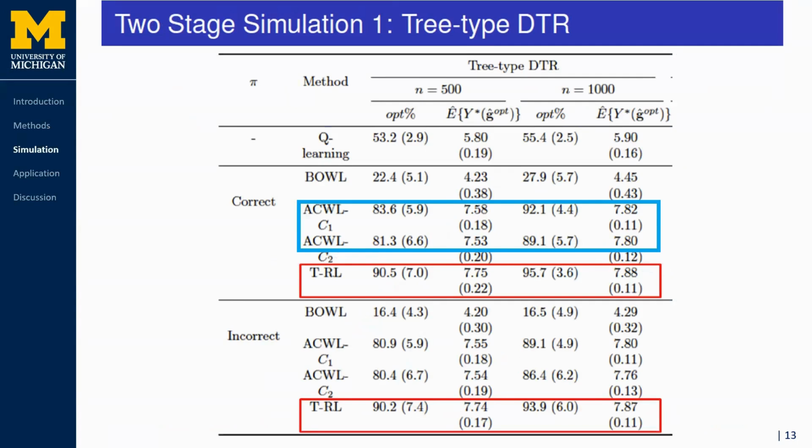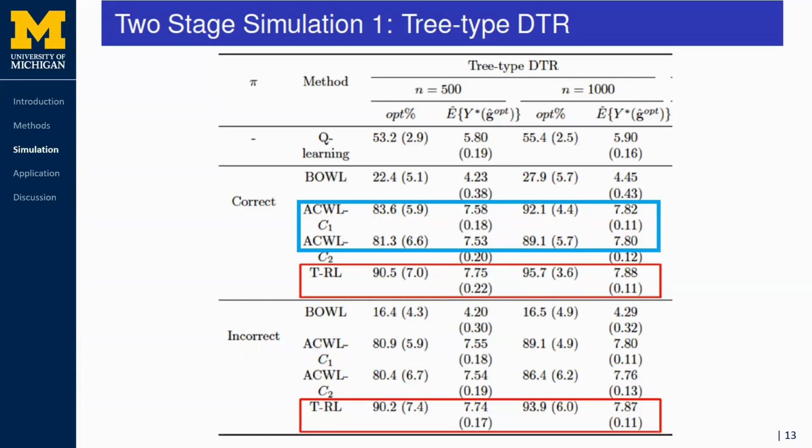Okay, so here are some simulations. The first simulation setup is where the underlying decision rule is tree type. And we found that the tree-based reinforcement learning performed really well. So here we have two sample sizes, 500 and 1,000. This column is the optimal percentage: among the data, how many patients are assigned to their optimal treatment.